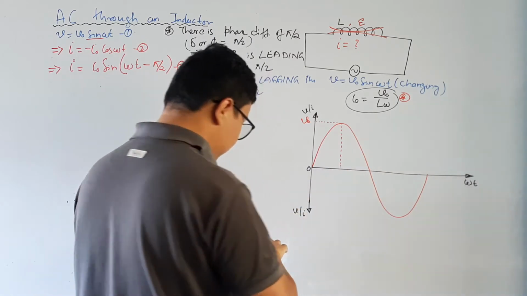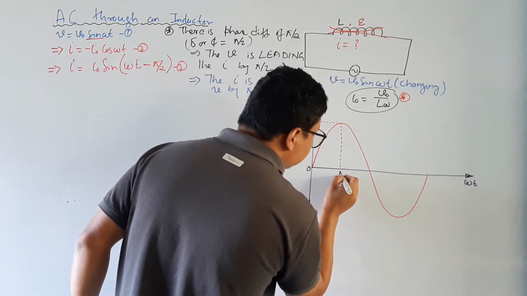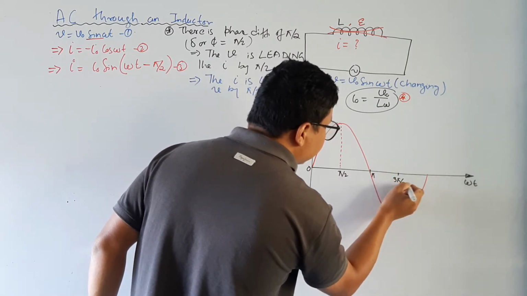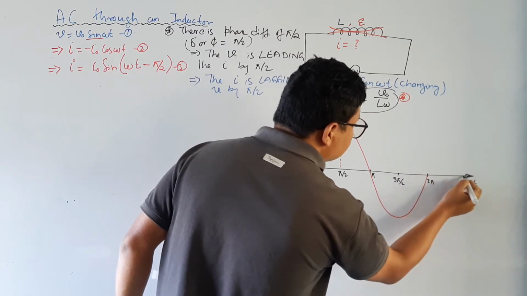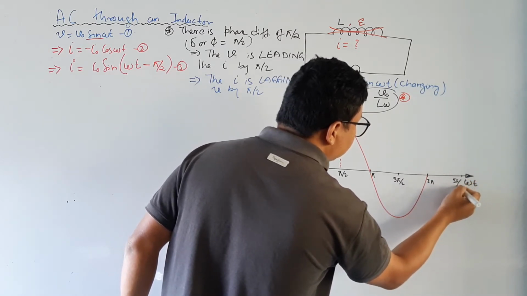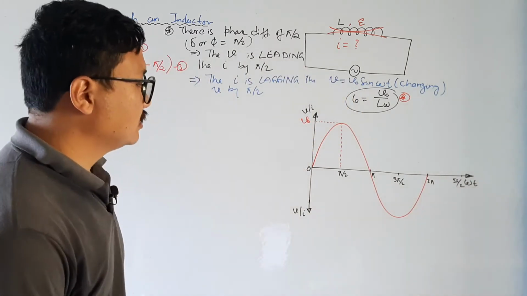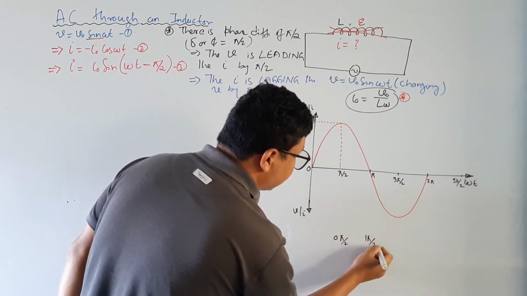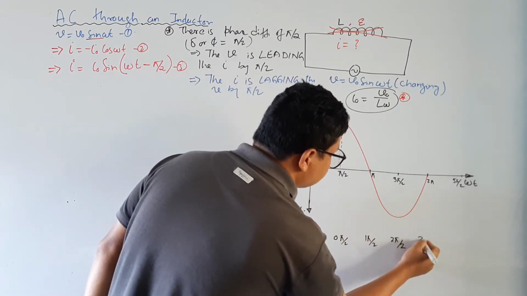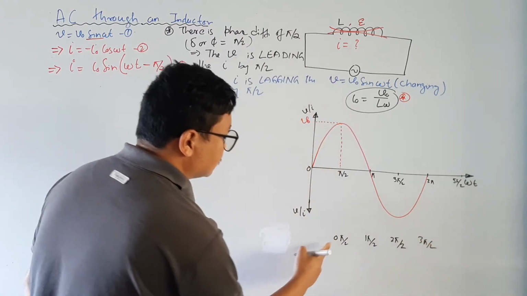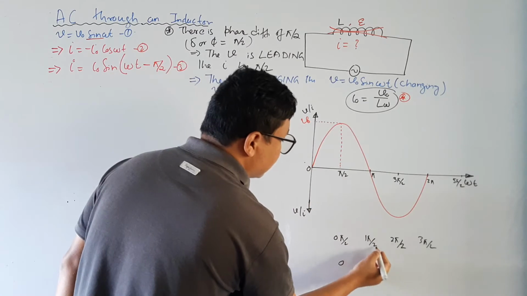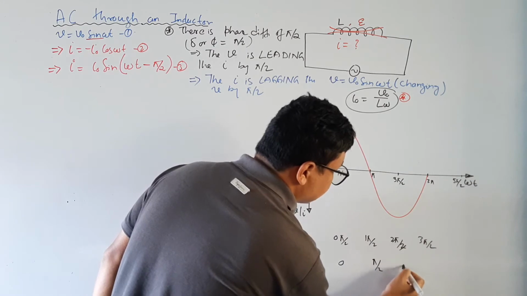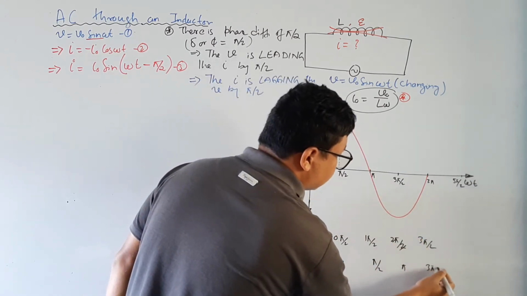I have told you in the previous lesson, this is pi by 2, this is pi, this is 3 pi by 2, this is 2 pi, and this is going to be 5 pi by 2. How to remember this? Just remember like this: 0 pi by 2, 1 pi by 2, 2 pi by 2, 3 pi by 2, and so on. 0 pi by 2 is 0. 1 pi by 2 is pi by 2, the quarter cycle. 2 pi by 2, the 2 and 2 cancel, it becomes pi, and this is 3 pi by 2, and so on.